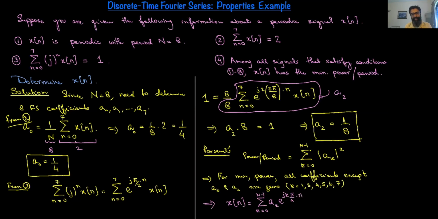If I plug in what a naught is and what a2 is, this is simply equal to 1 upon 4 plus 1 by 8 times j raised to power n. I could write it as j raised to power n, or e raised to power j pi by 2 n. And that completes my solution. That's the x of n that we're looking for.